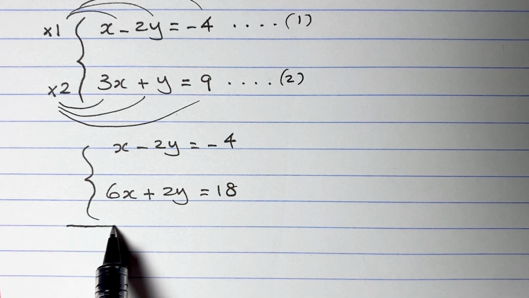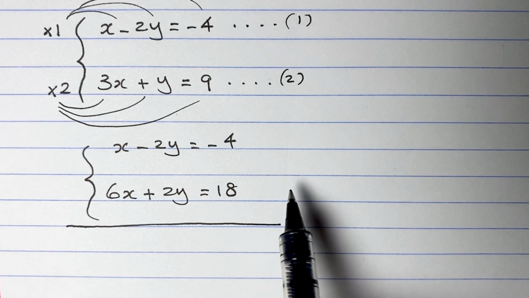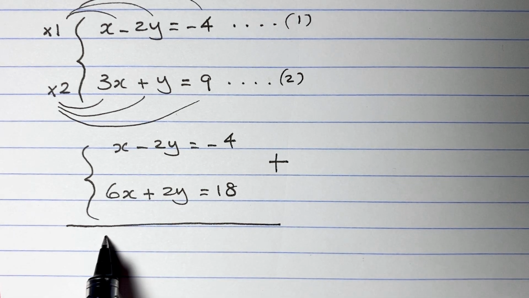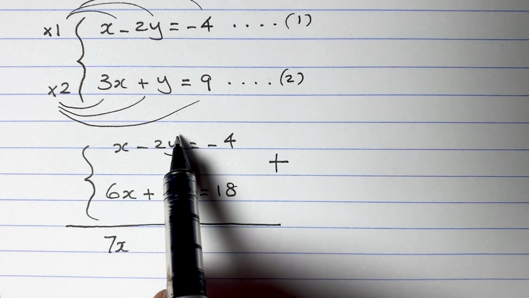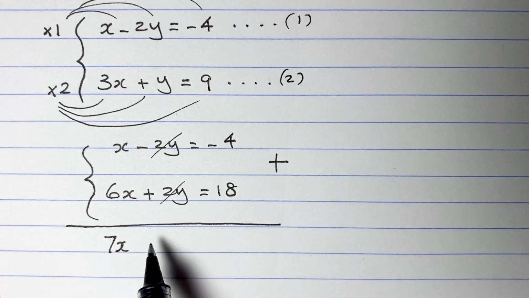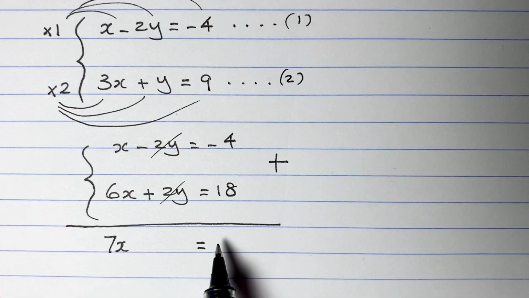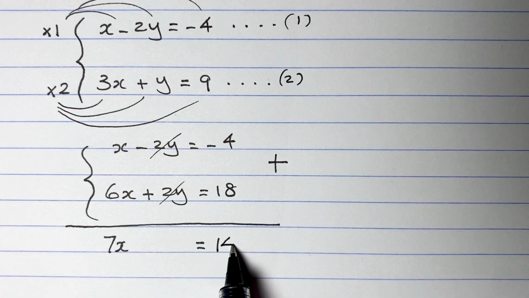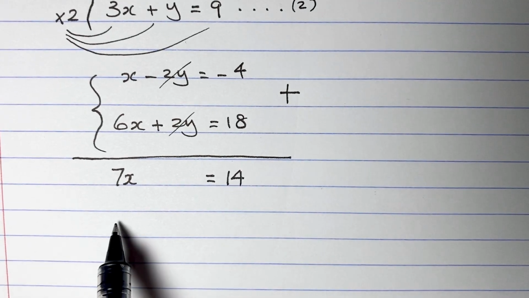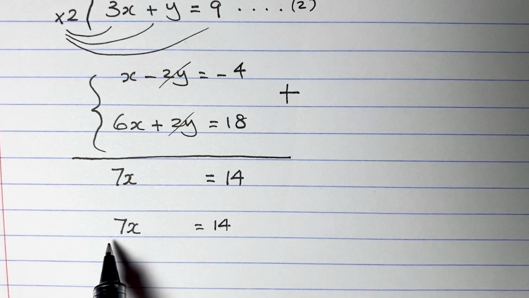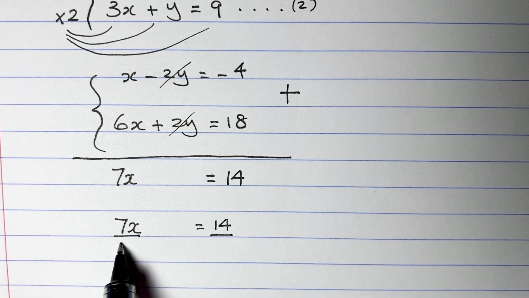So by adding x and 6x, we have 7x, minus 2y plus 2y, 0y, no y. Negative 4 add 18 is 14. Then I'm going to write both sides and divide by 7.